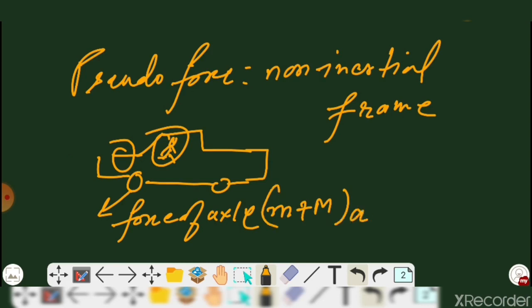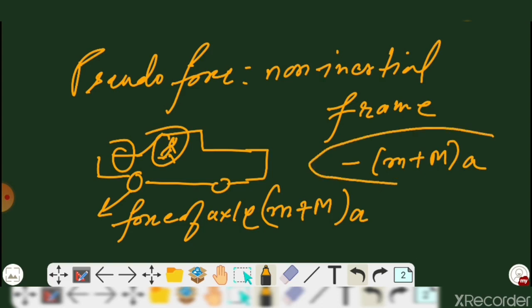Now let us consider that in a non-inertial frame, when the car is not accelerating, the force from the axle will be balanced by the fictitious force, and the fictitious force will be minus (M plus m)a. This is what we call a fictitious force.